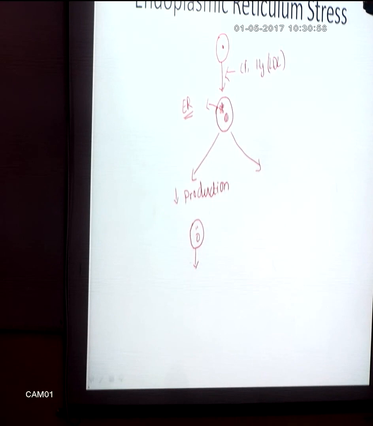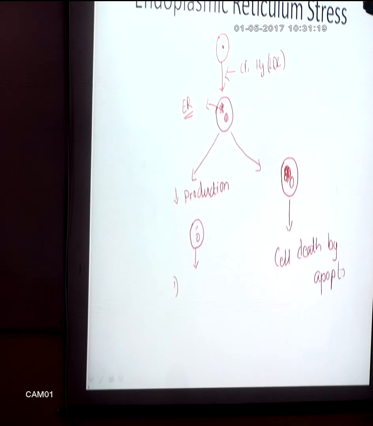Right, that's the first one. Or if the accumulation is much more than expected, I can't do anything, so what my body will do is cause cell loss or cell death by apoptosis. It will cause destruction of this entire cell.